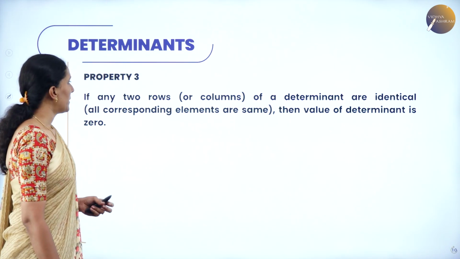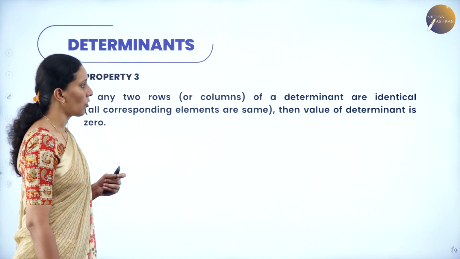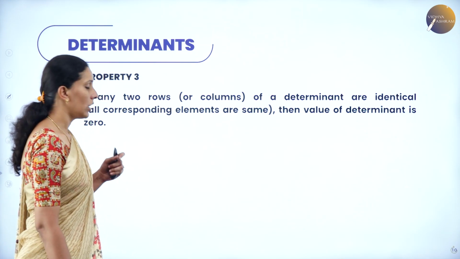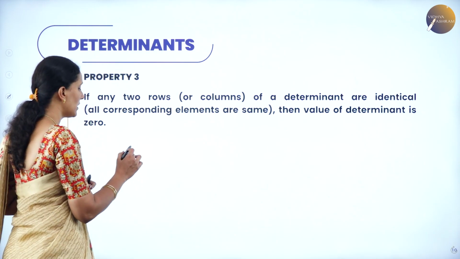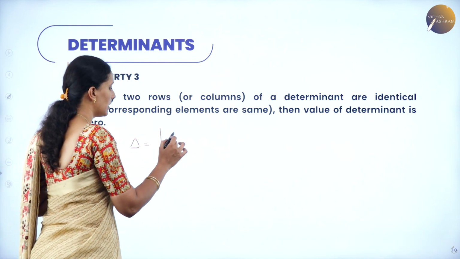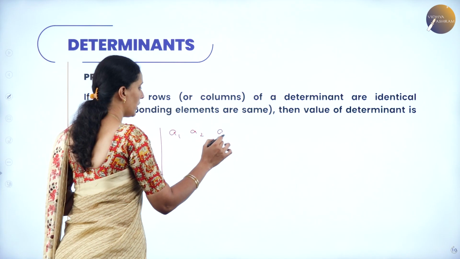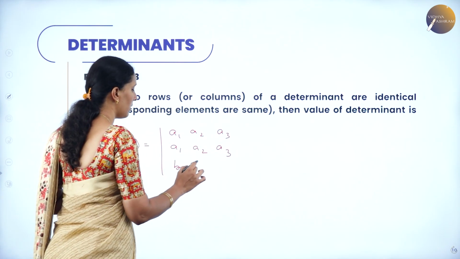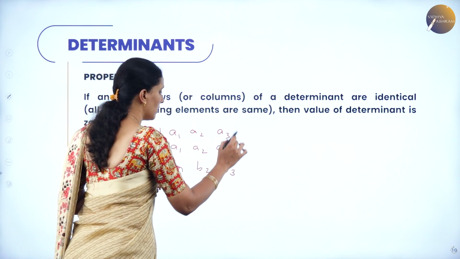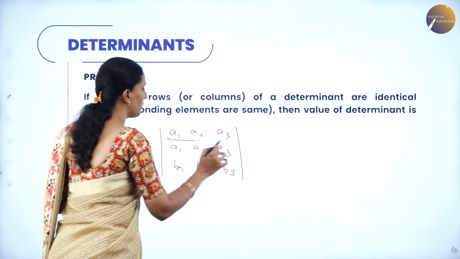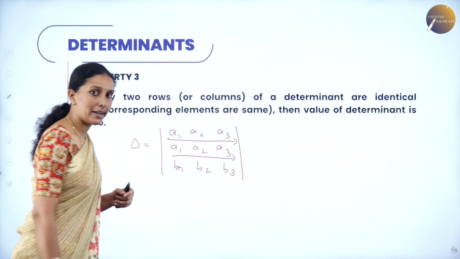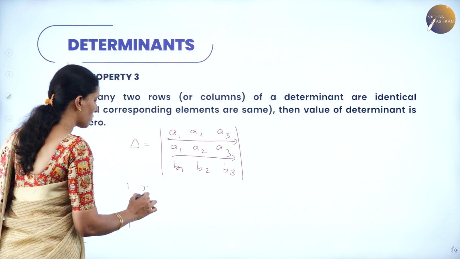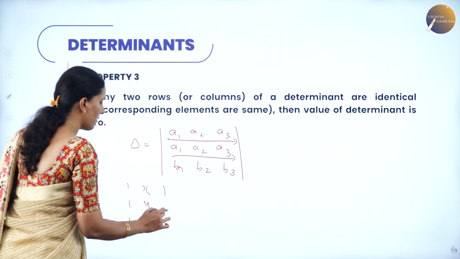Next one, property 3. If any two rows or columns of a determinant are identical, then the value of the determinant is 0. Suppose delta is equal to A1, A2, A3, A1, A2, A3, B1, B2, B3. If this is the case, you see here the first two rows' elements are identical. I can give you an example of 1, 1, 1, X, Y, Z and 1, 1, 1.